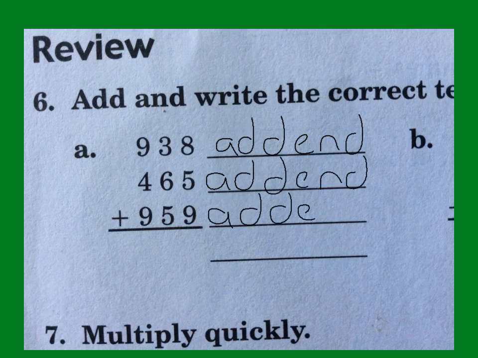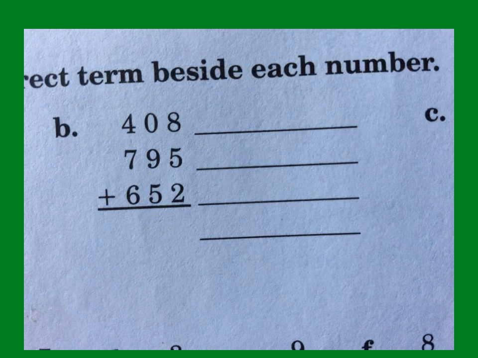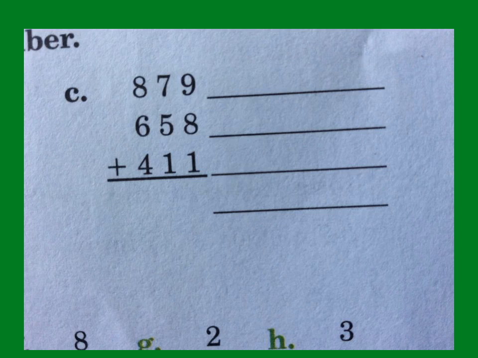And then your answer to any addition problem is the sum. So you'll do the same thing here. It'll be add-in, add-in, add-in, and then the sum at the bottom.